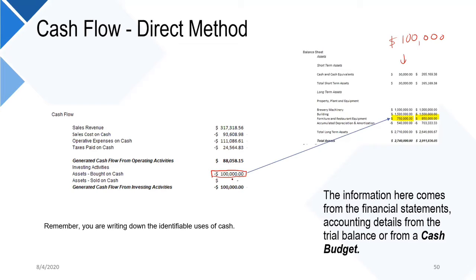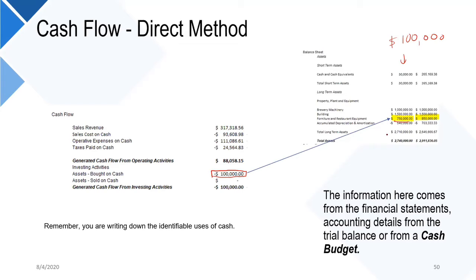Well, that 100,000 you get from the furniture and restaurant equipment? Yes. And why does furniture and restaurant equipment say 750,000? So why is it not the same number?